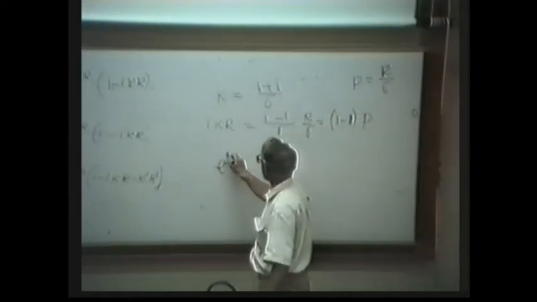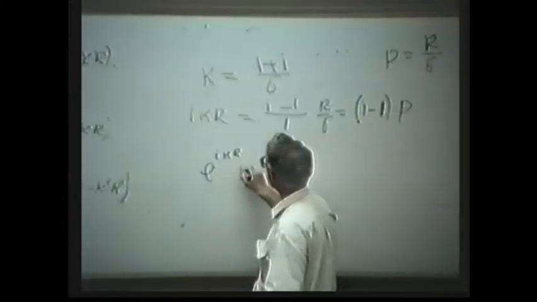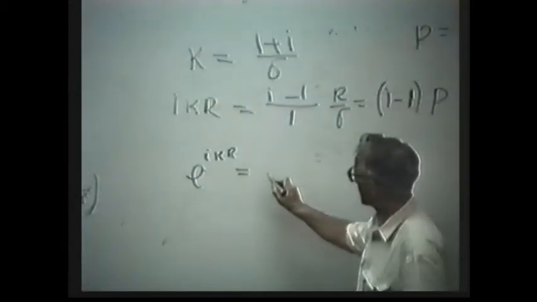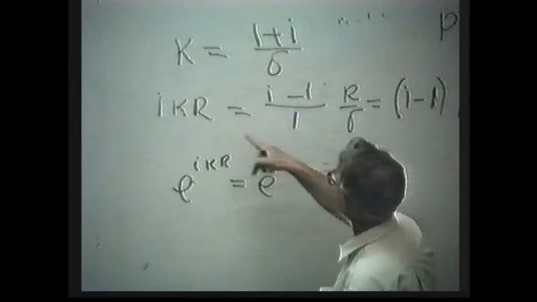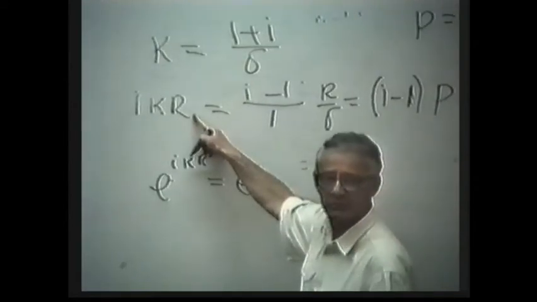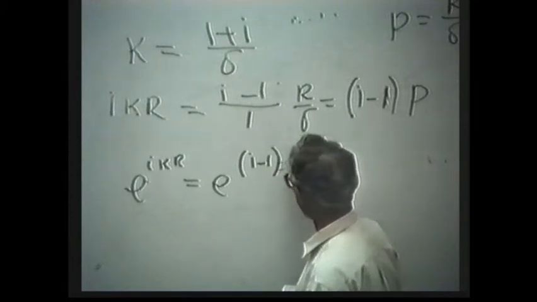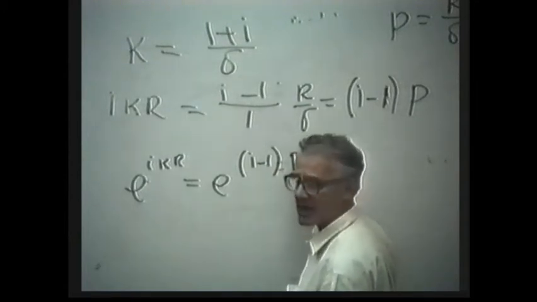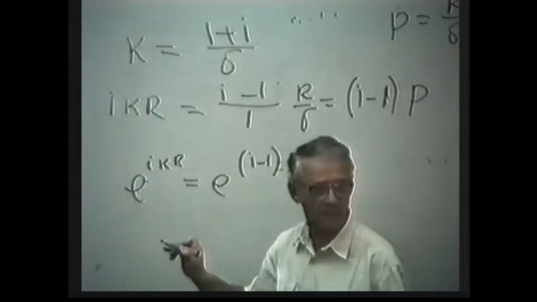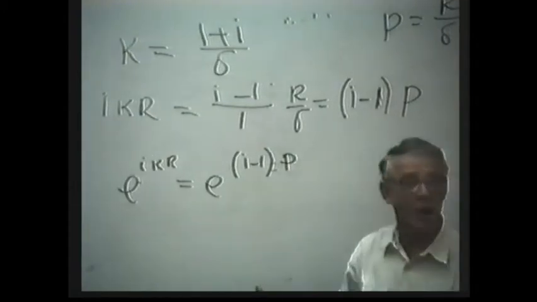e to the ikr equals... I specially prepared this number for you. So what we have instead of ikr is (i minus 1) times the induction number, correct? Which depends on r.